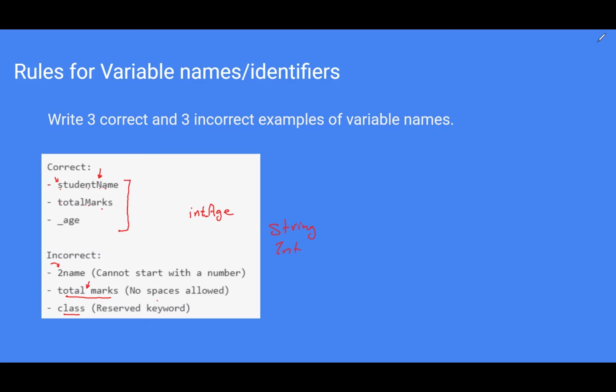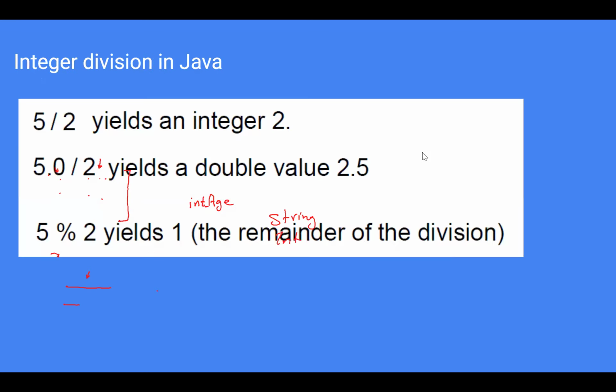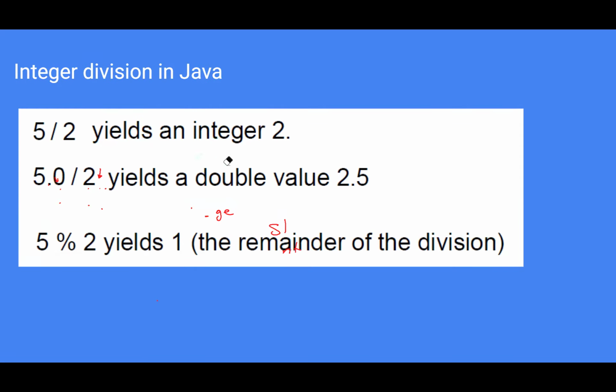Okay, now let us go to some important topic here. If I divide, the first concept is called integer division. When I divide 5 by 2, it gives me 2. Do you have any idea why?